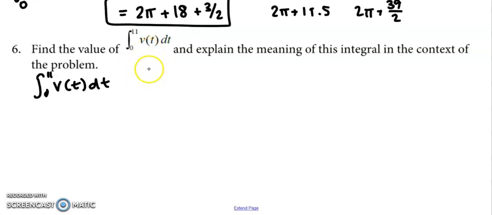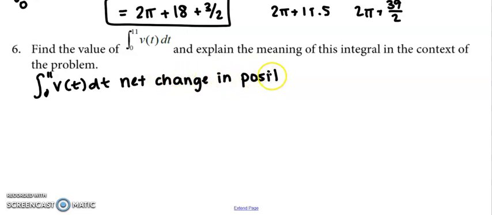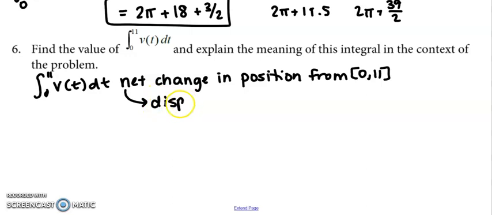You're right, it's position. So this represents the net change in the position from time 0 to time 11, also known as the displacement.